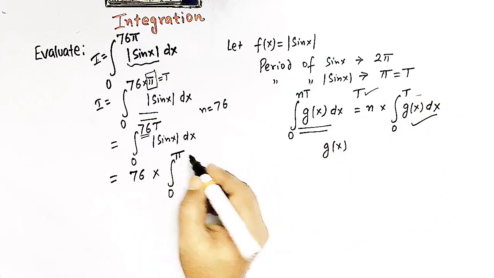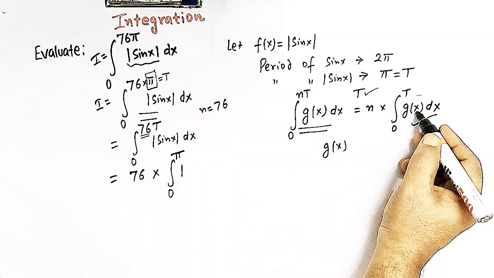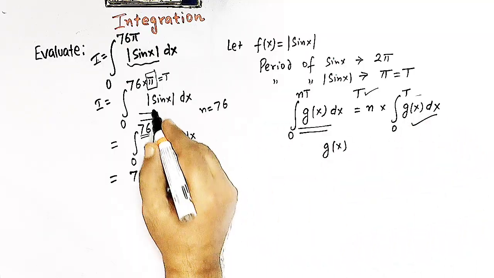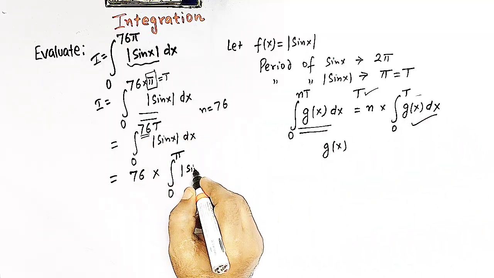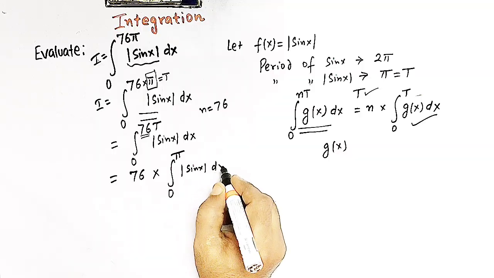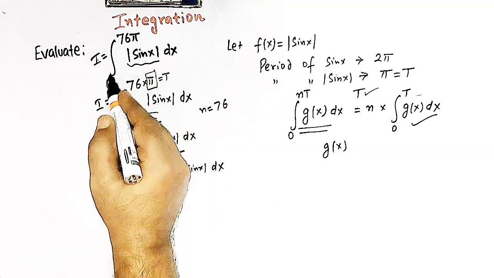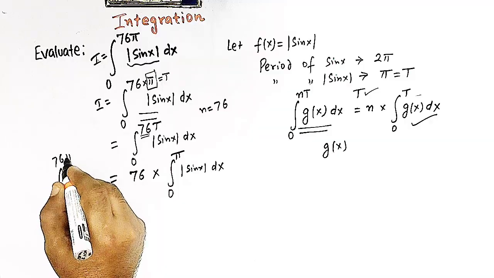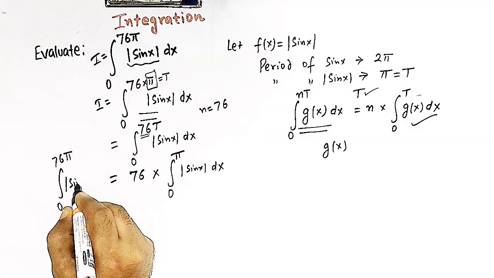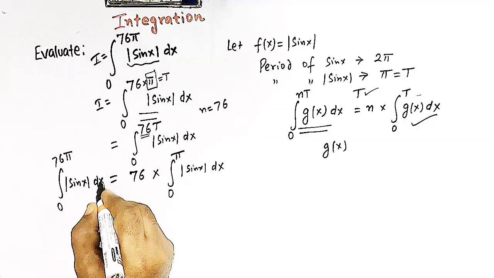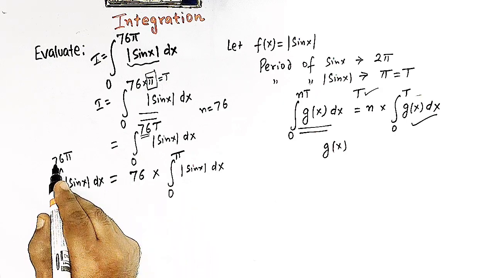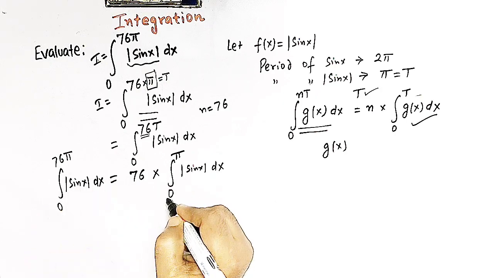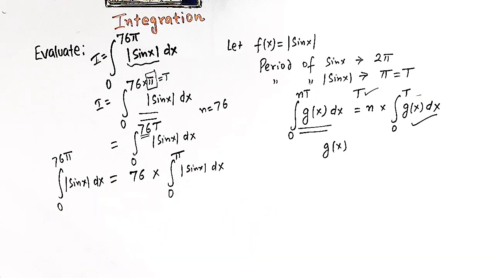So here we have g of x dx, that is simply mod sine x dx. So this integral, from 0 to 76 pi of mod sine x dx, is now equal to 76 times the integral from 0 to pi of mod sine x dx.